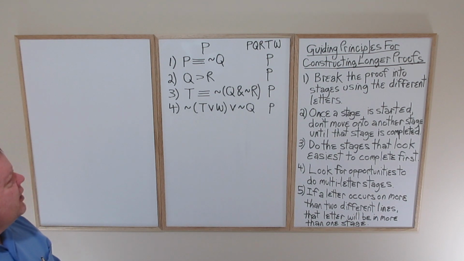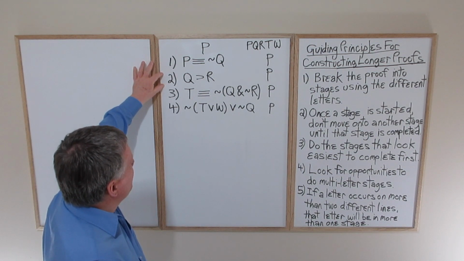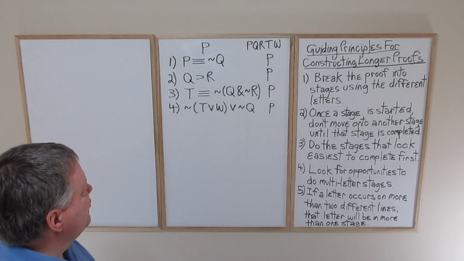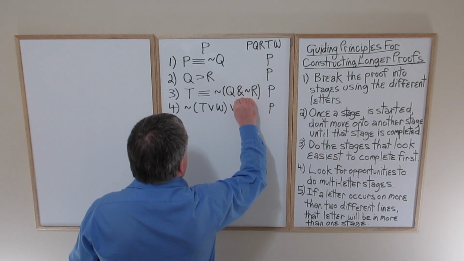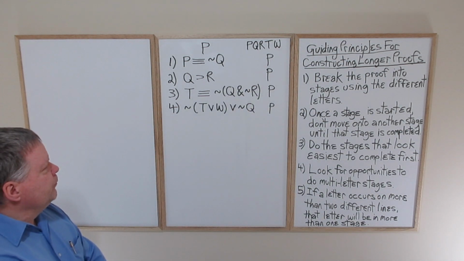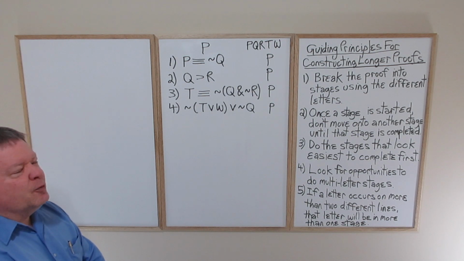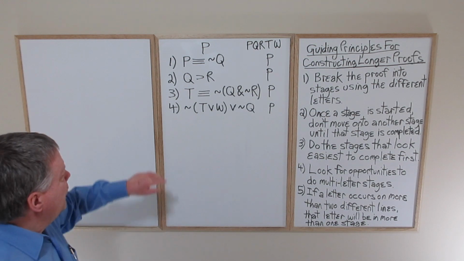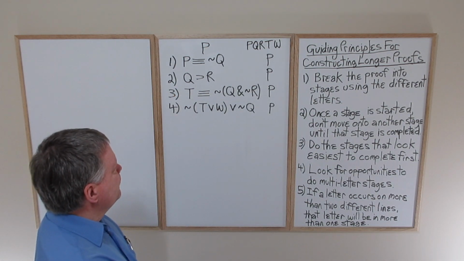Another thing to note is that in the second premise we have Q and R related information right next to each other. That's all the information there is. In the third premise, though, we also have Q and R related information right next to each other. That tells us it's worth trying to start off the proof with a double Q and R stage. So what we've got in line 3 is a biconditional.